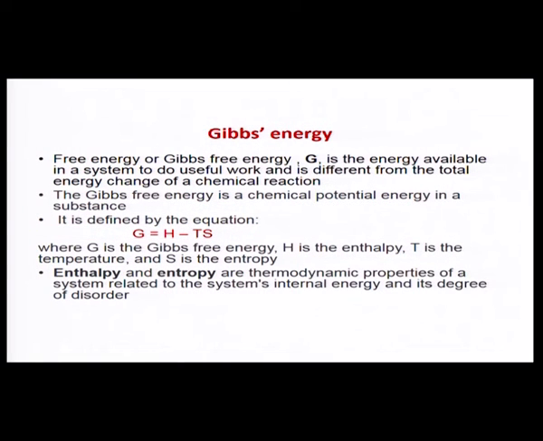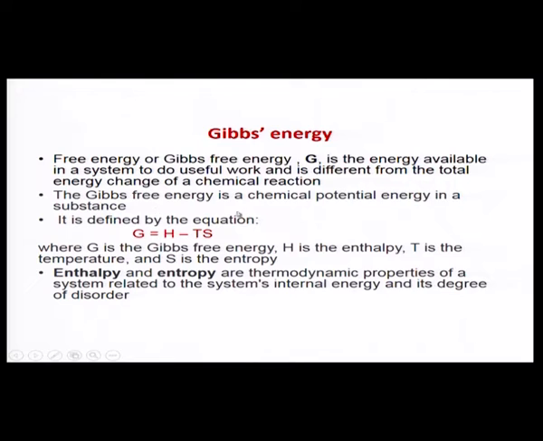Another important term in thermodynamics which is relevant to the environmental field is Gibbs energy. It's also known as free energy or Gibbs energy. The scientist involved is Gibbs, so it is normally represented by the capital G. It is the energy available in a system to do useful work and is different from the total energy change of a particular chemical reaction.